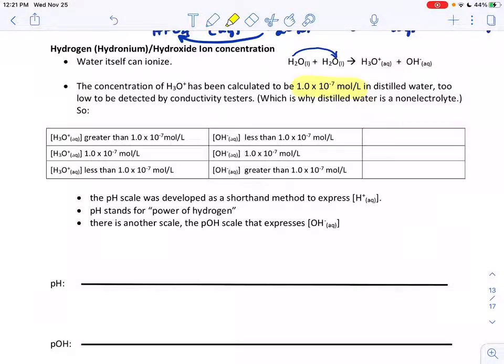So we can actually define whether we've got an acid or a base depending on the concentration of the hydronium and hydroxide in solution. For example, if the concentration of our hydronium increases, becoming greater than 1.0 times 10 to the minus 7 moles per liter, by the way, as hydroxide increases, hydronium decreases and vice versa, so if my hydronium increases, my hydroxide will decrease and this becomes an acid.